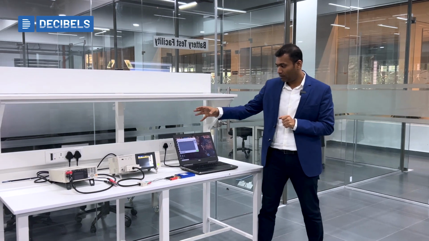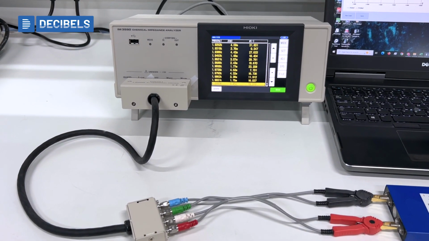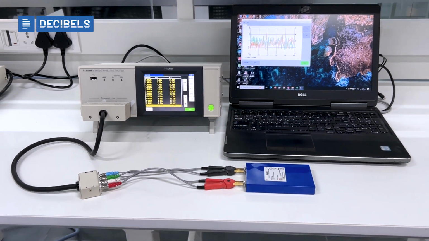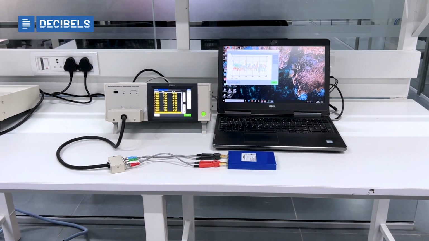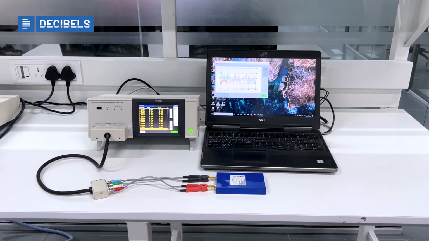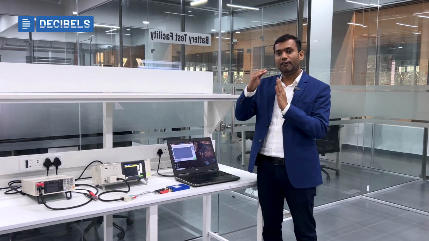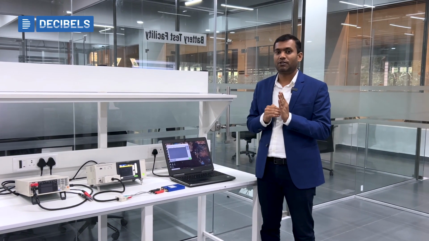So now here we have a machine. With the help of this electrochemical impedance analyzer, we connect the machine to a cell. We subject the cell to this test at different state of charge conditions.